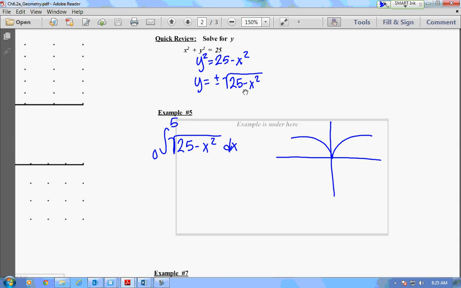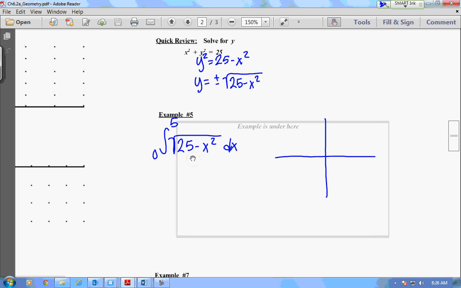Remember, this is the circle centered at 0 with radius 5. So for our purposes, we only look at the positive, so it'll just be the top half, where this is 5, this is -5, and this is 5. And we're just integrating from 0 to 5, which is right here.